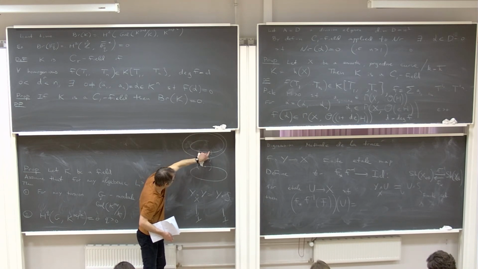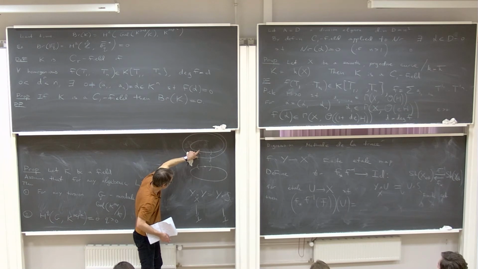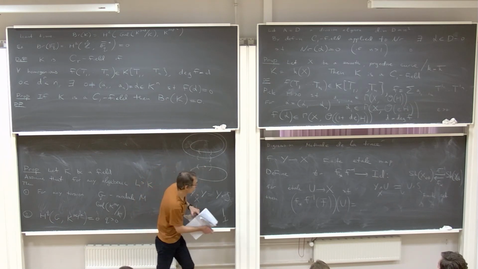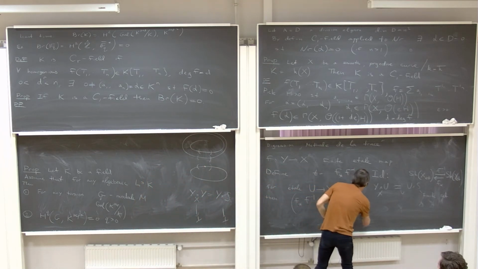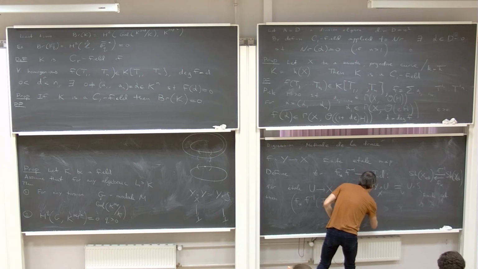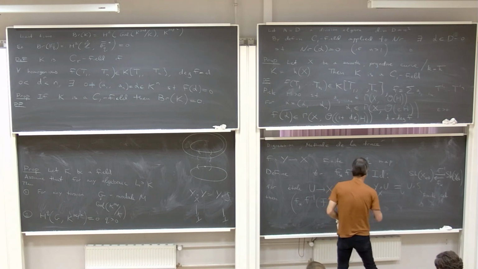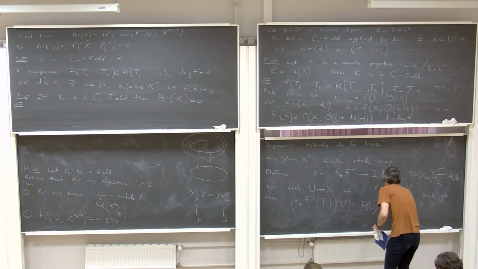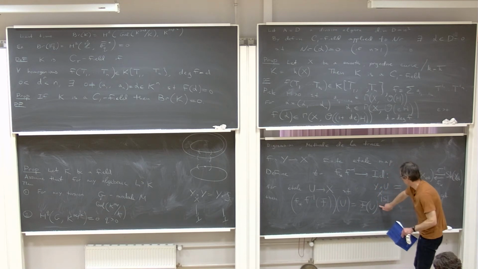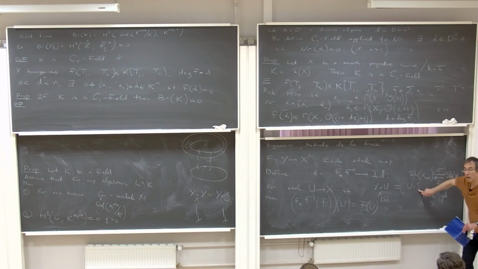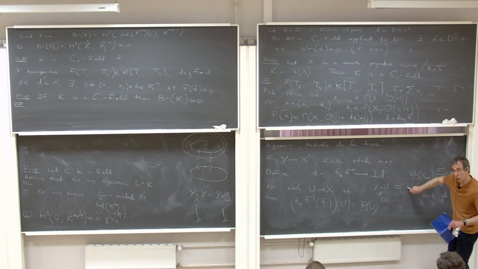But the preimage is just copies of this U. So it will be f of U to the power S. You have as many copies as the number of elements in S. So this isomorphism depends on the choice of this trivialization.